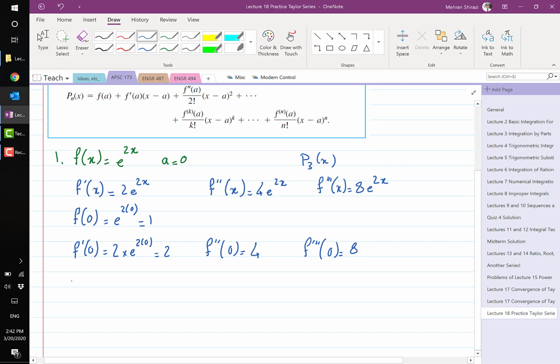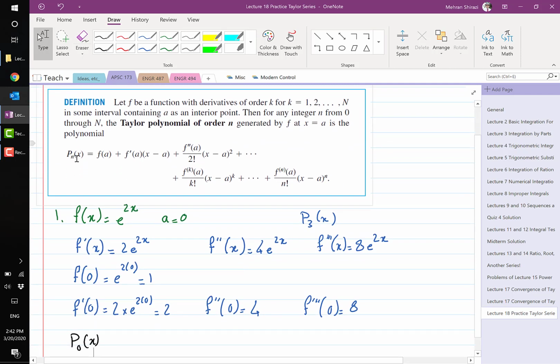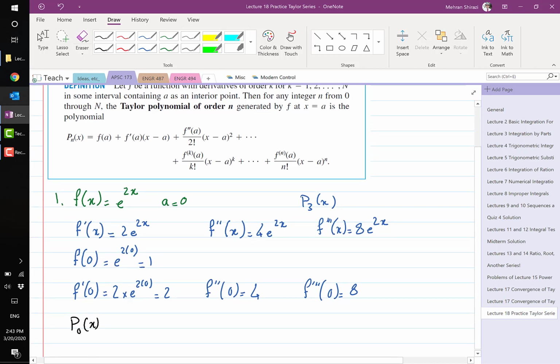If you want to write P0, or the zero order Taylor polynomial, you can see when P is 0, we just have the first term, which is f of 0. So P0 is 1 because f of 0 is 1. If you want to write P1, you can see here P1 has the second term too, so it's 1 plus f prime at 0.